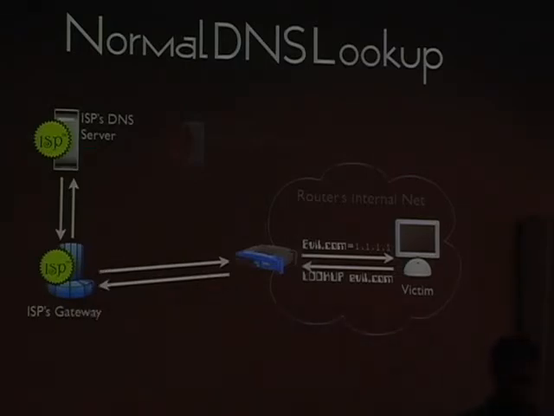And it comes all the way back and says, evil.com is 1.1.1.1. Not likely, but it fits on the slide. Now this is used in future browser requests to access things at evil.com. It just goes directly to the web server to get the data. DNS is a convenience. If you're not familiar with it, talk to me afterwards, I'll fill you in. But the whole idea here is that lookup can't be trusted.